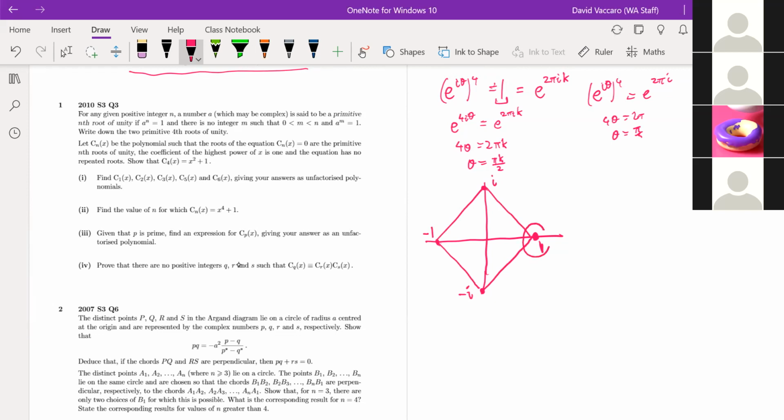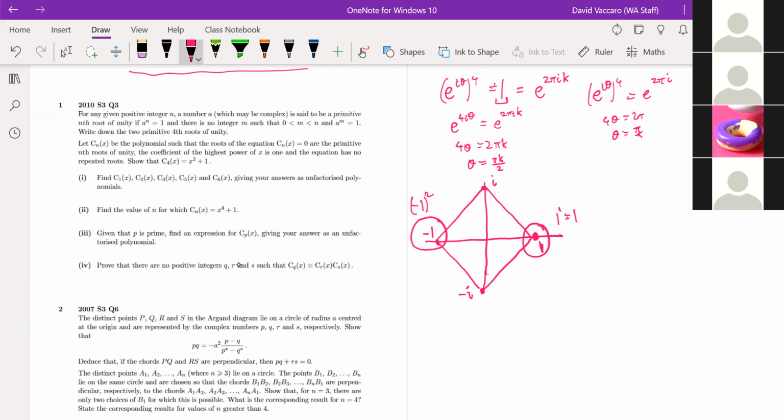Well, 1 is certainly not primitive, because 1 to the power 1 is just equal to 1. Negative 1 is certainly not a primitive fourth root, because negative 1 is a primitive second root: if I square negative 1, I get 1.